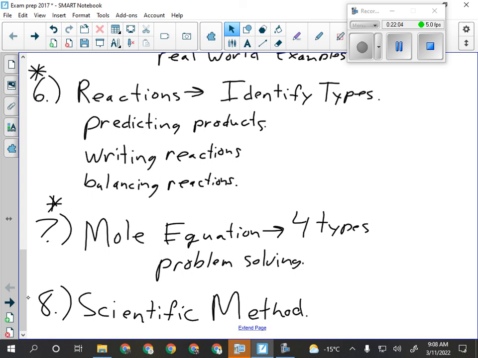I will tell you that it involves reactions and solubility. So it's going to be a situational question where you are going to have to come up with a solution using your knowledge of reactions and solubility. And that's it.